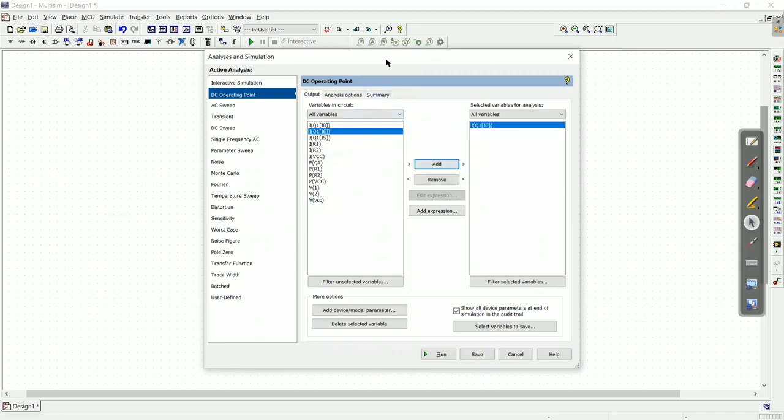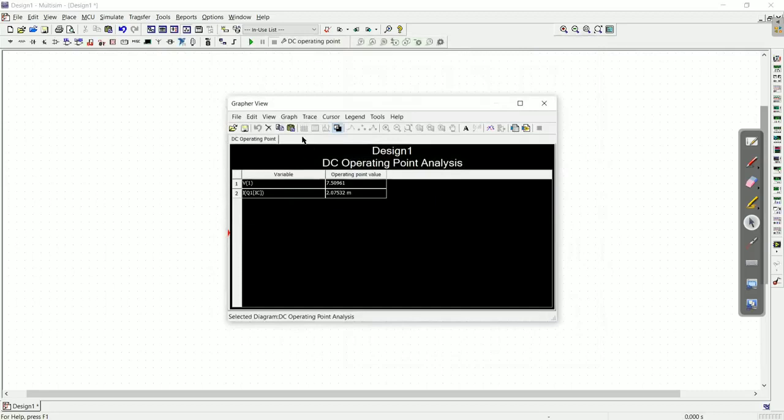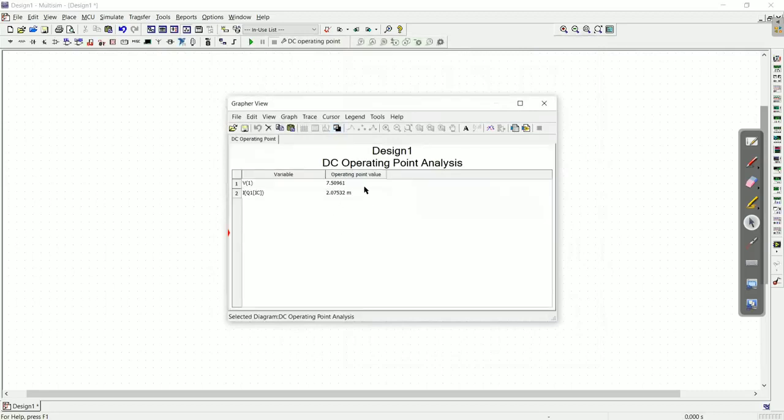As I said, finding V1 is enough to find VCE, so click on V1, add it, and run. We get the output V1 equal to 1.5 and I of Q1 of IC equal to 2.07 mA, that is milliampere.